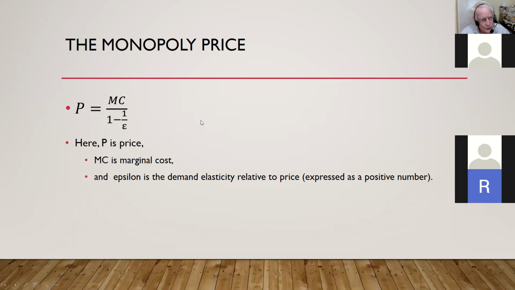But in that case, the denominator for the price function is negative, and so we will derive a negative price in that case. This does not make sense. So we will impose the condition that the elasticity in magnitude is not less than 1, because if it is less than 1, we will have a negative denominator.